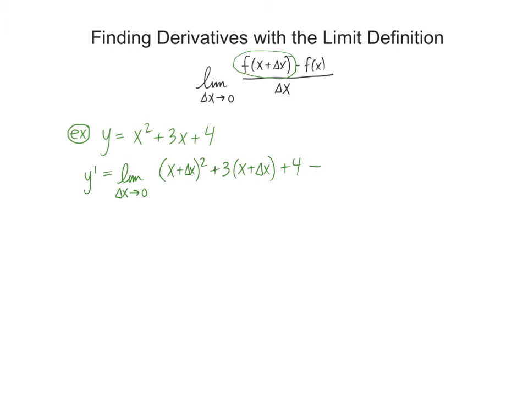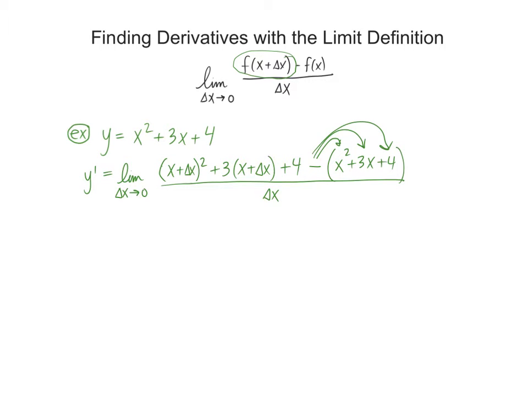Next thing I have is minus the original function. I want to make sure to put parentheses here because this entire function needs to get subtracted. And if I'm not careful there, I will forget that this negative applies to everything in these parentheses. And don't forget delta x on the bottom every time.